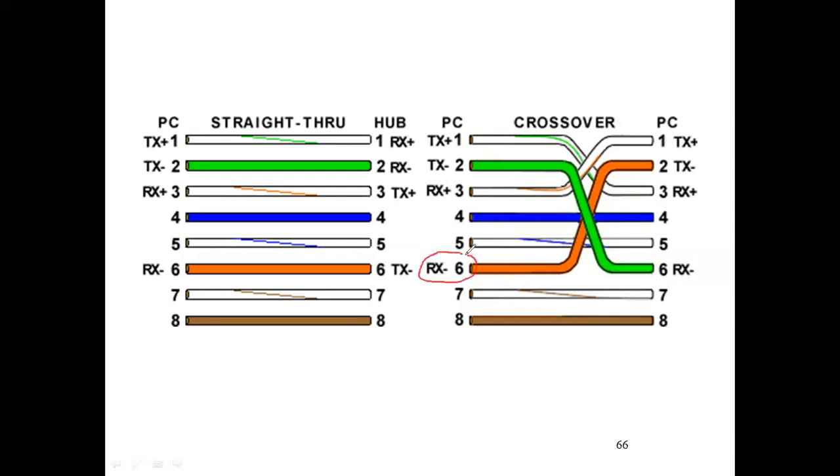So you can see over here how it is connected, right? And this is your RX3, which is connected to the TX, where TX1 is connected to the RX positive, and TX negative is connected to the RX negative, right?